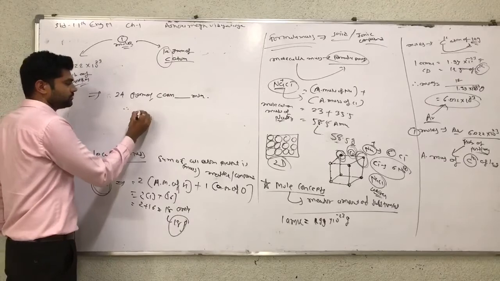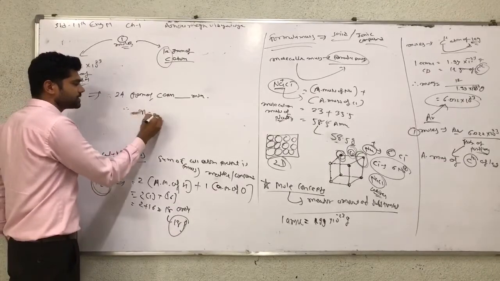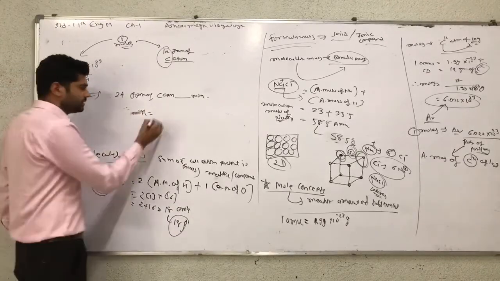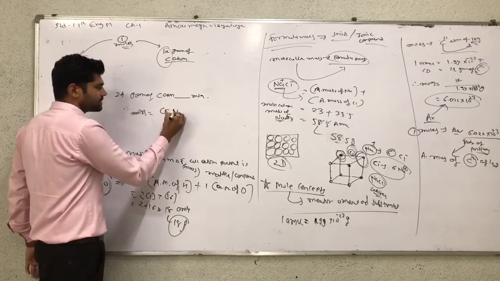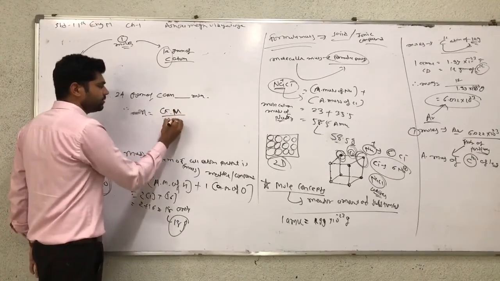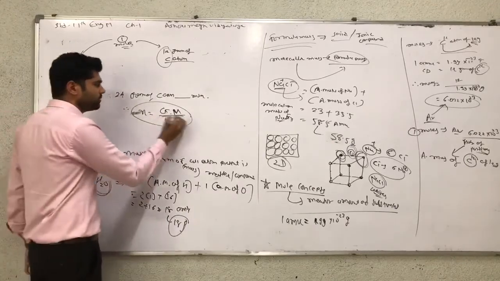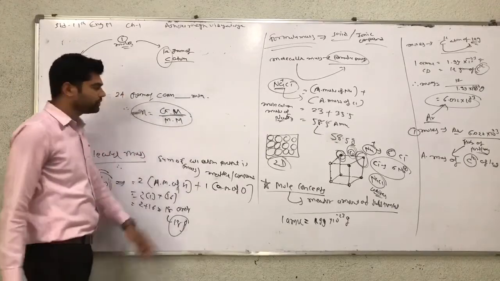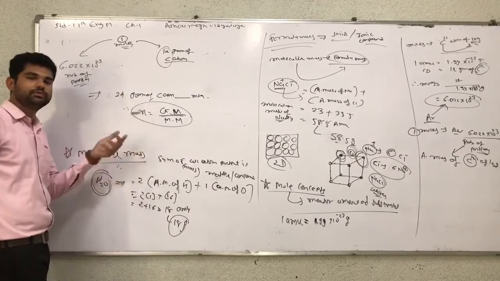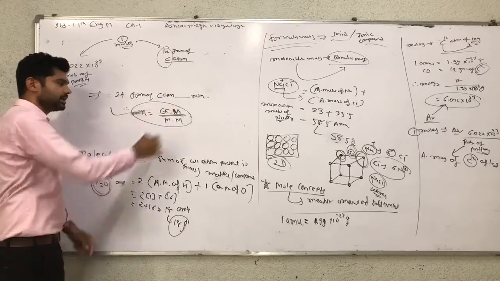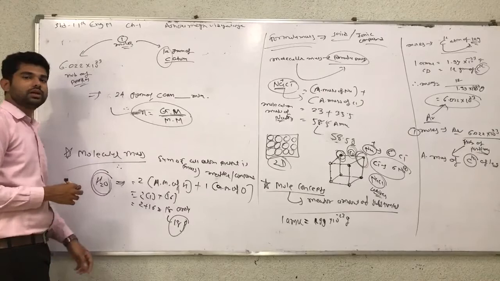So the number of moles, denoted by n, is equal to given mass divided by molecular mass. Remember this equation. If you are given the mass, you can find the number of moles.